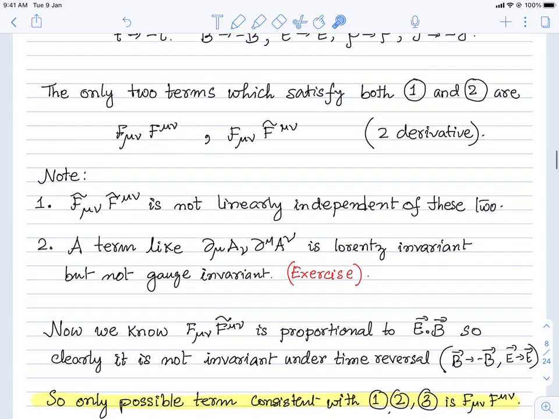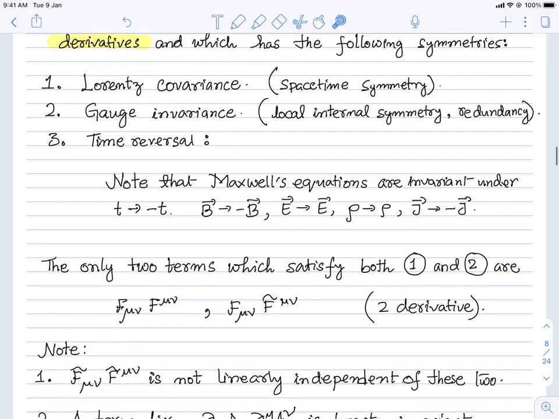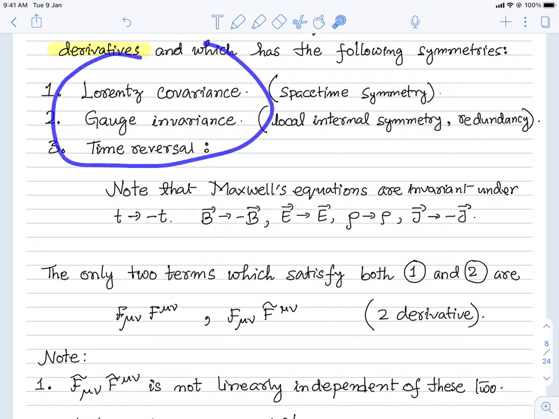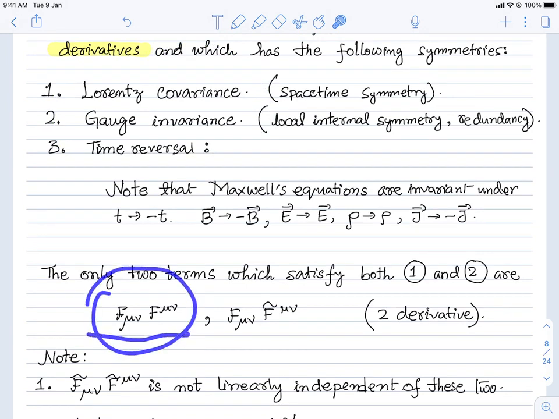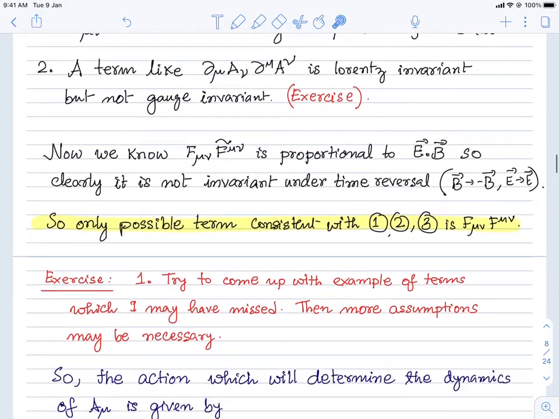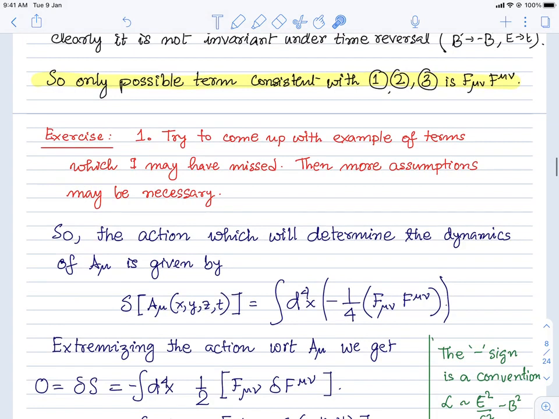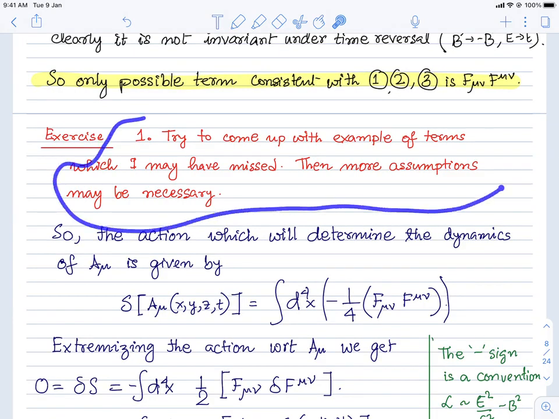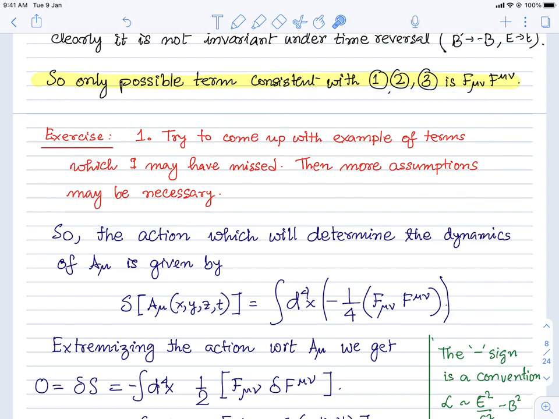Essentially, you see, these three conditions and the fact that we have to deal with two derivatives fixes the Lagrangian density to an object like this in terms of the field strength. So you should try to come up with examples which are consistent with this theory, these symmetries, which I may have missed.